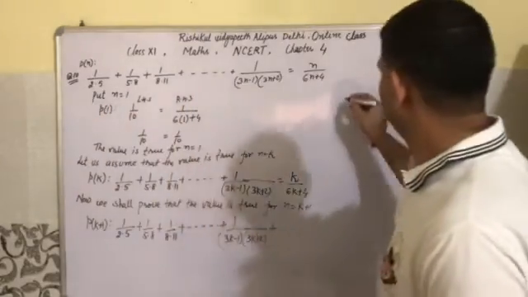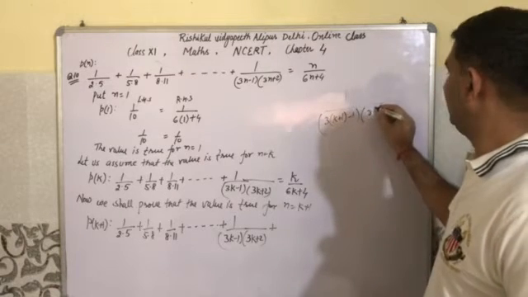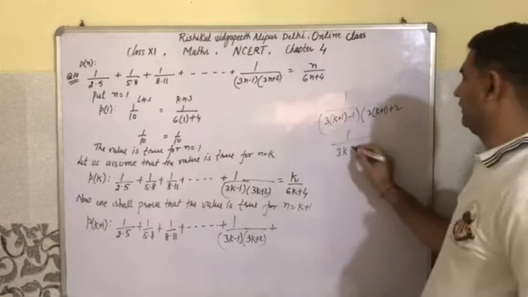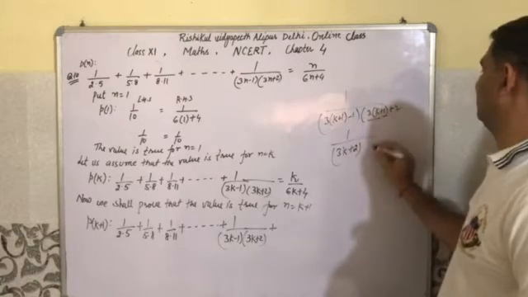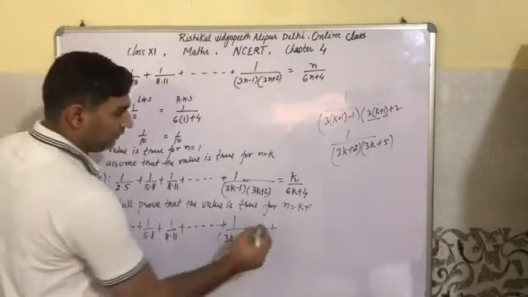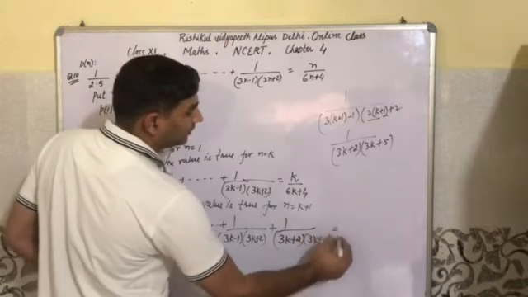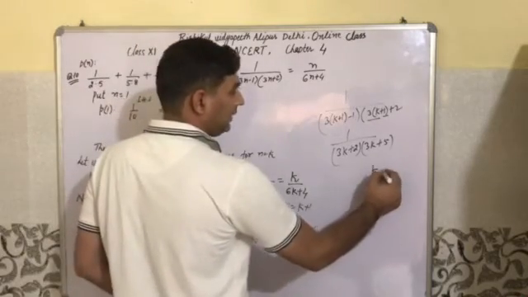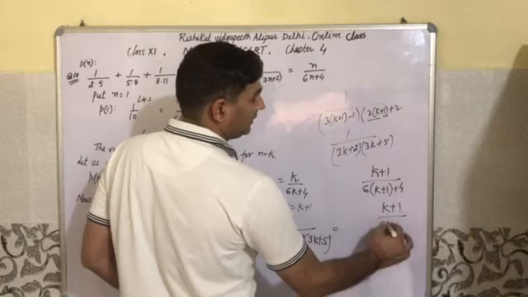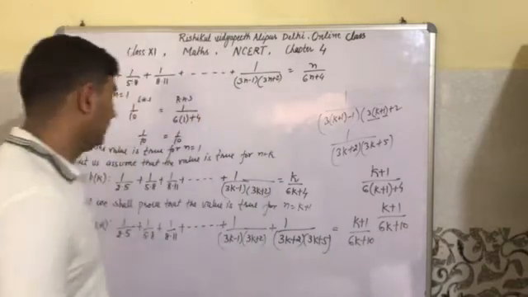What will the next term be? It is 1/((3(k+1)−1)(3(k+1)+2)), that is 1/((3k+2)(3k+5)). The right hand side: replace k with k+1, so 6(k+1)+4, and the value is (k+1)/(6k+10). This is P(k+1).